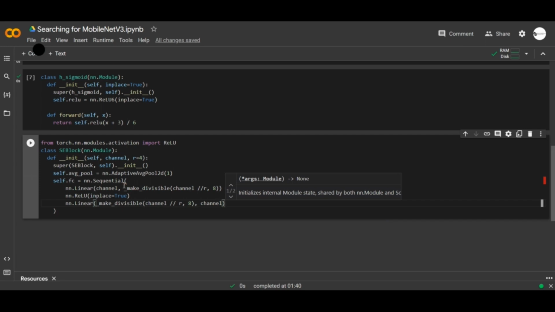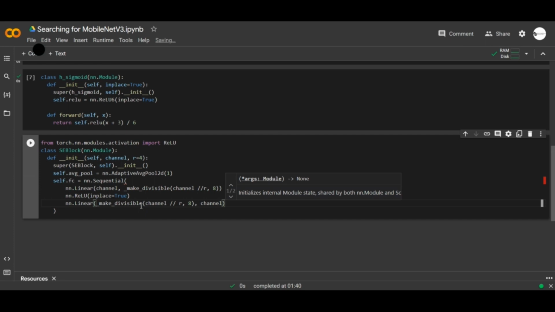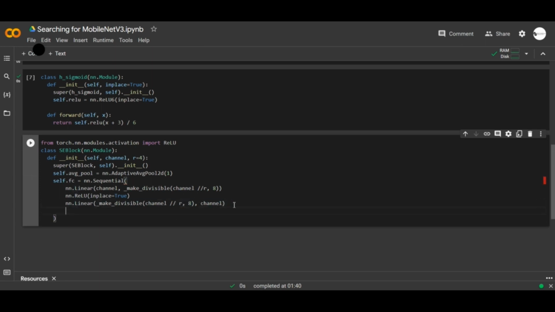Okay, why is it complaining? Did I miss something here? Maybe I did, but it's fine. We'll come back to it. Then we have a linear layer. After the linear layer, we have the softmax. So we're going to say h dot sigmoid, like so.